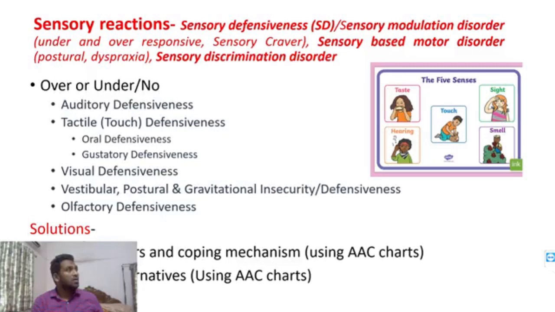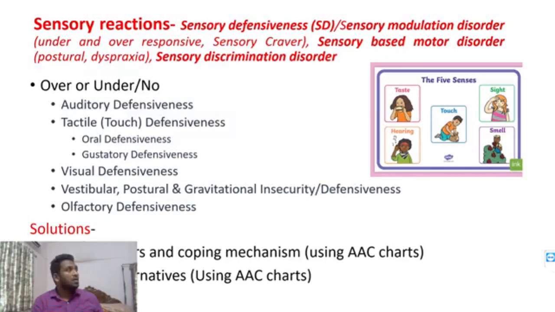But most of our children have either auditory defensiveness or tactile defensiveness. Sometimes children don't like to touch a new thing, or something very smooth or very rough. They might have sensitivity to bright lights, or some children may not like red, orange, or blue color. So they might have visual defensiveness, and they have postural difficulties.